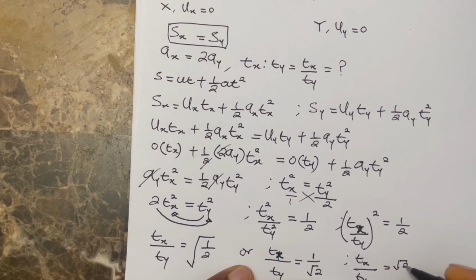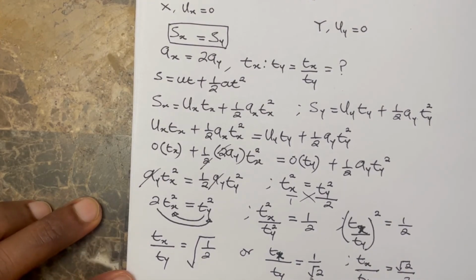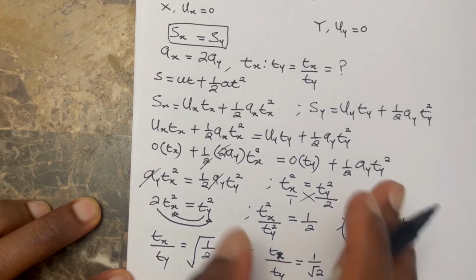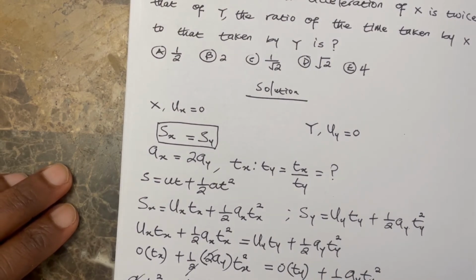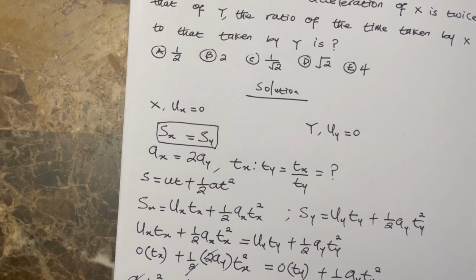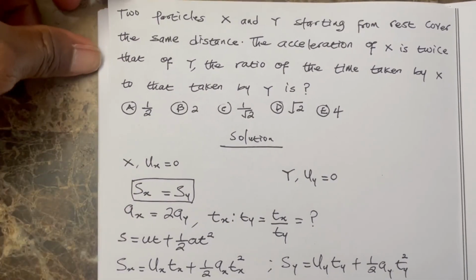This guy here and this guy here are actually the same thing. 1 over root 2 is the same thing as root 2 over 2. So I think with that, we can conclude that our final answer is option C, 1 over root 2 or root 2 over 2.